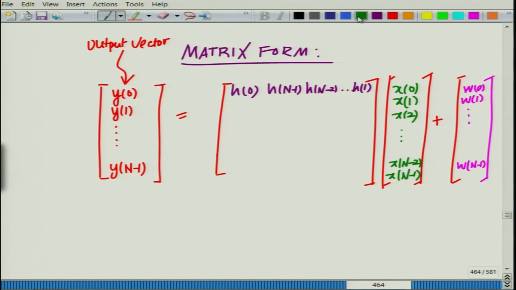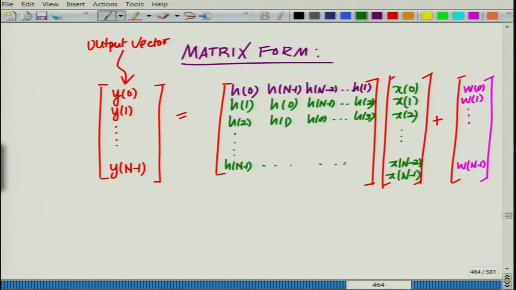Then your next row is going to be h1 comes to the left as we have seen, then h0 moves to the right, hn minus 1, h2, then h2 will come from the right, then you will have h1, then h0, then h3, and so on and so forth. If you look at this, the very last row will be hn minus 1, and so on. Anyway, you do not need to worry too much about this, and this is going to be h0.